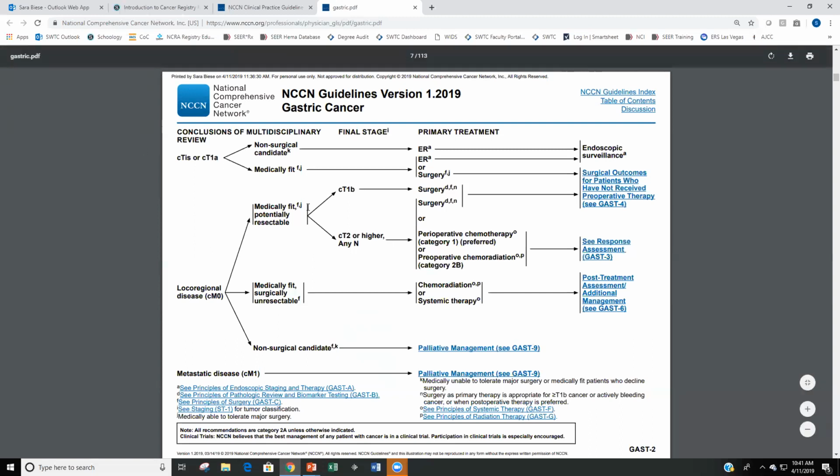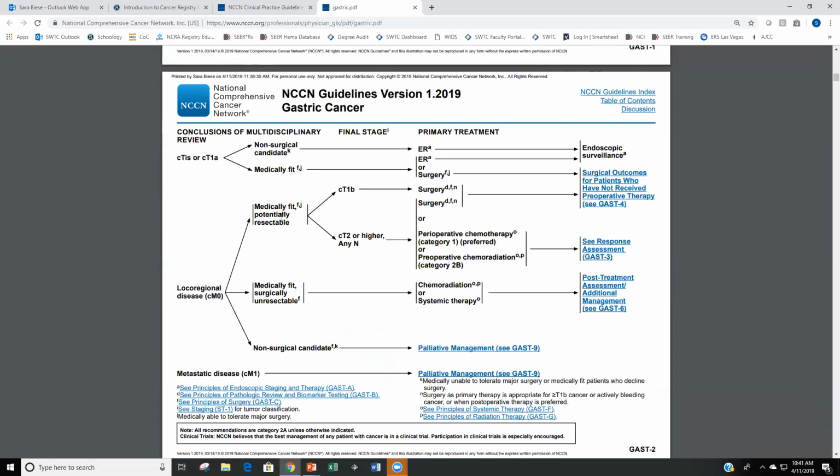All right. For the local regional disease, if they are medically fit and their cancer is potentially resectable, a cT1b would go directly to surgery. All right.